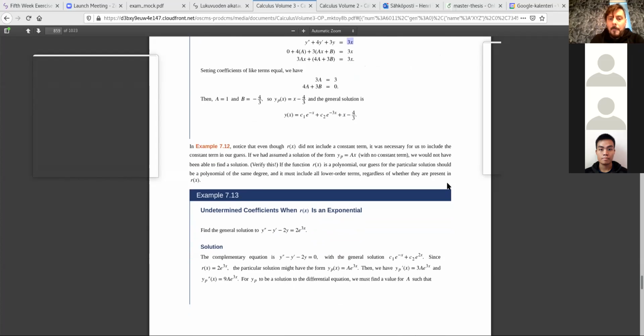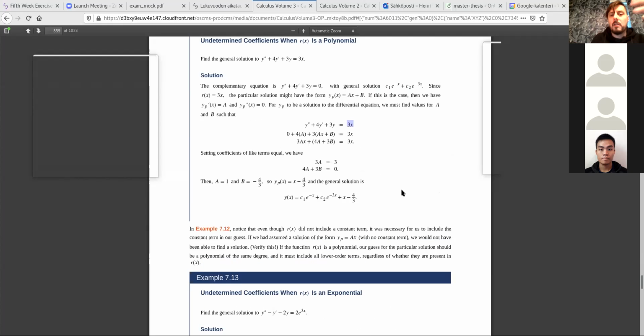This all seems easy because this kind of polynomial cannot appear in the generic solution. In the generic solution there are only exponential functions, or with complex roots the sine and cosine functions, but there is no polynomial there.